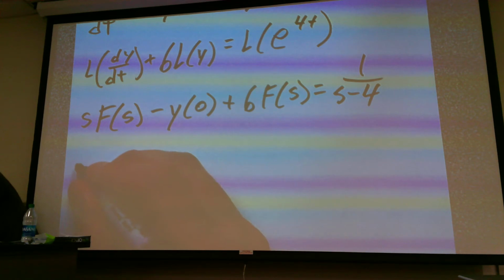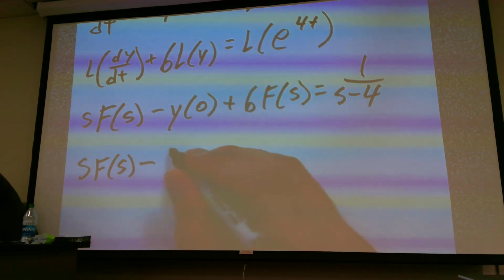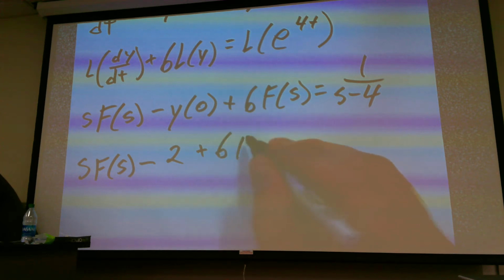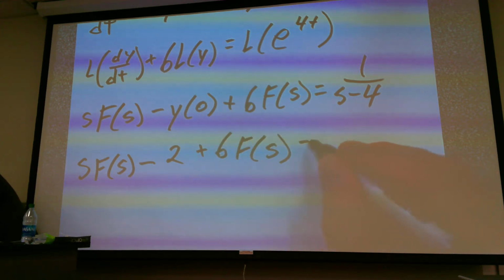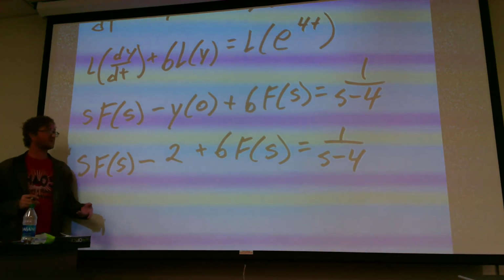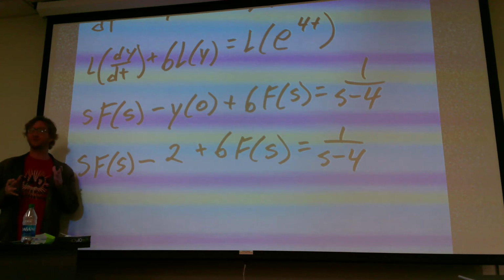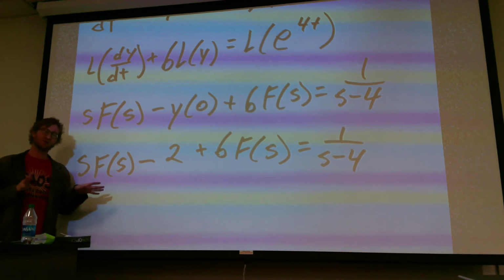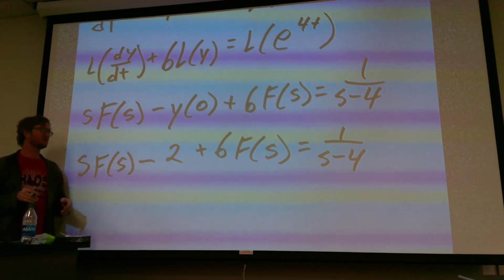So, s F of s minus 2 plus 6 F of s is going to equal 1 divided by s minus 4. Okay, I don't want the 2 on this side because I want to group everything with an F of s together. So everything that does not have an F of s on it, move it to the opposite side of the problem, okay?